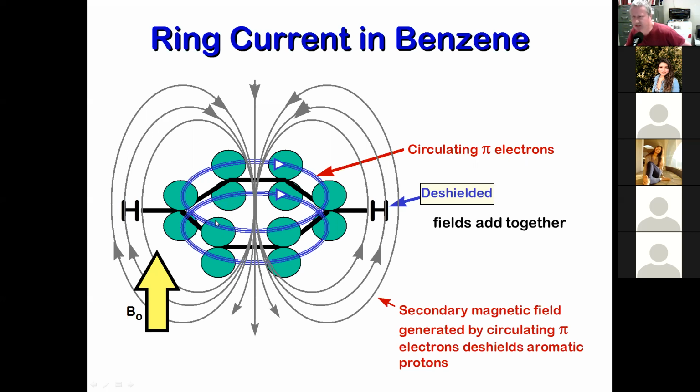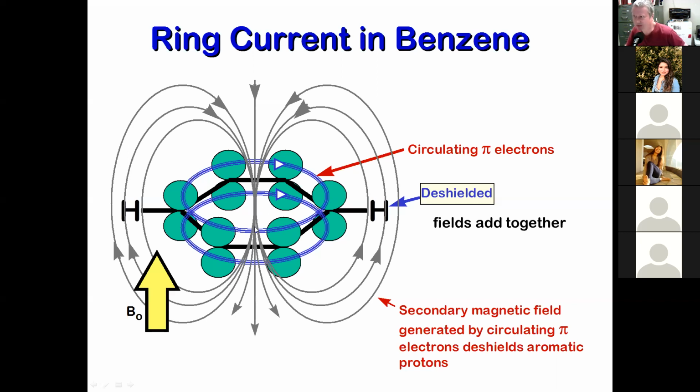Or are the CHs on the inside or the outside? Look, they're on the outside. So there's no CHs in the middle. If there were CHs in the middle, they would be shielded, right? And shielded is to the right or left? Because shielded, like TMS and stuff, right? Yeah. So if there were CHs in the middle of the benzene, and they're not, they'd be shielded.